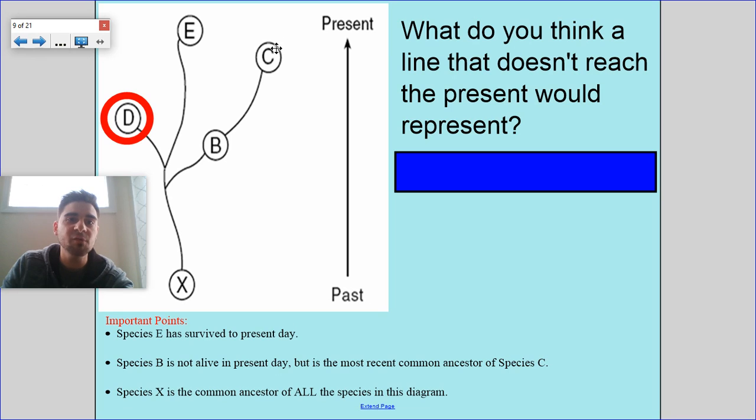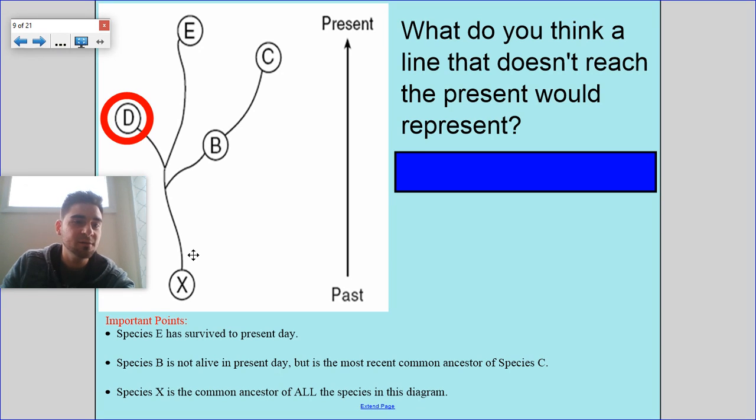B gave rise to C. And lastly, the point where we start is the oldest organism. Species X, way back in the past here, is the common ancestor of all these species in the diagram. So X branched into B, branched into D, branched into E, and then after branching into B, that gave rise to C, right? So ultimately, everything came back to species X.